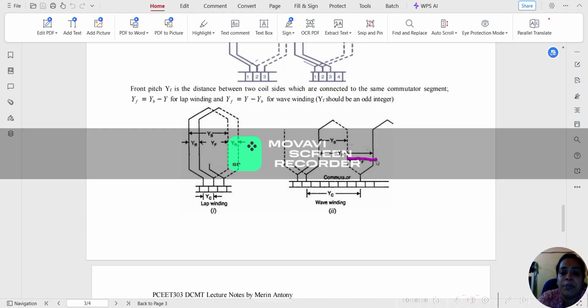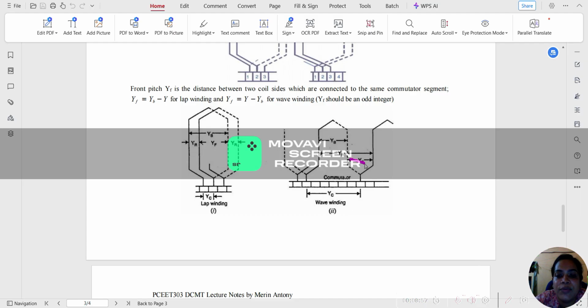Then what is meant by front pitch? You can see here, this is the front pitch. Front pitch is the distance from the second conductor of the first coil to the first conductor of the second coil.